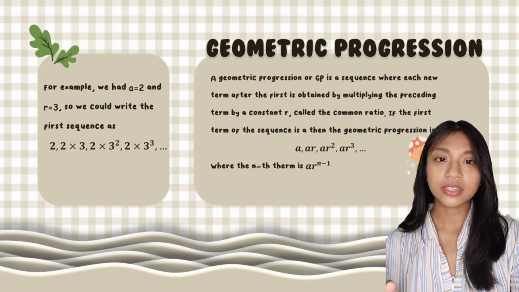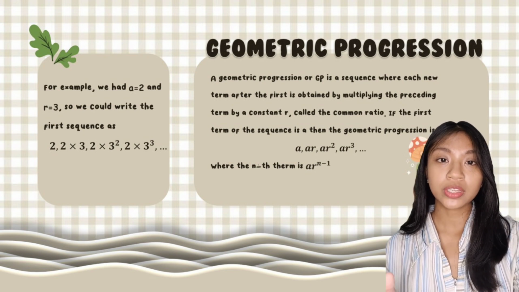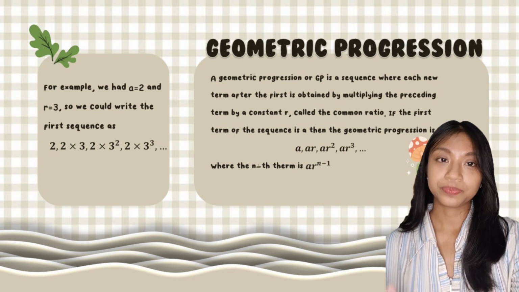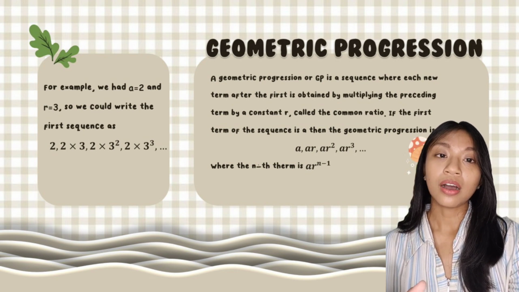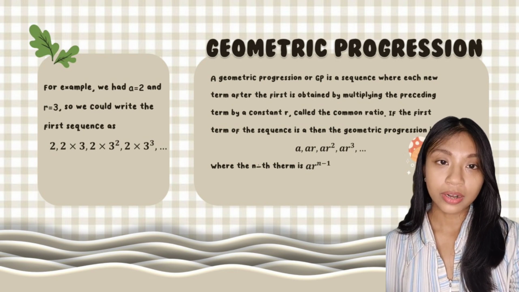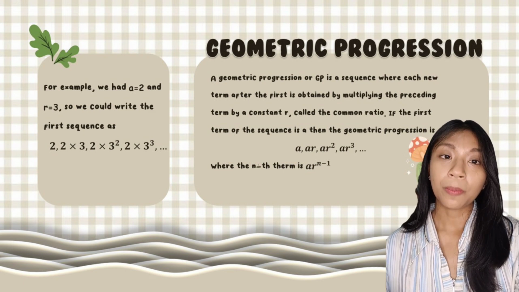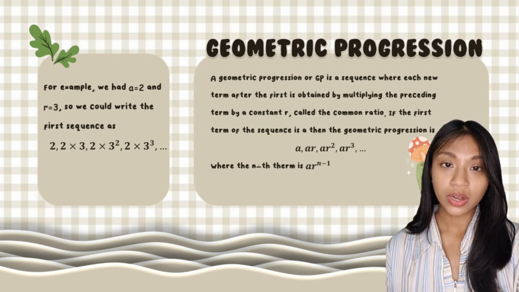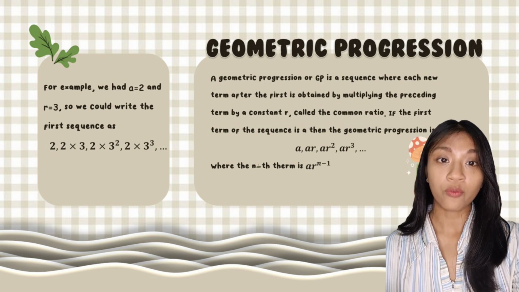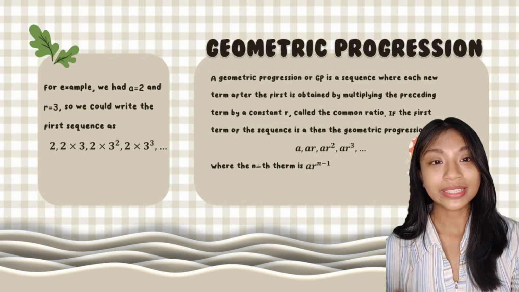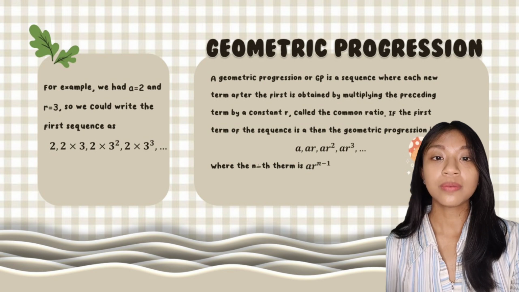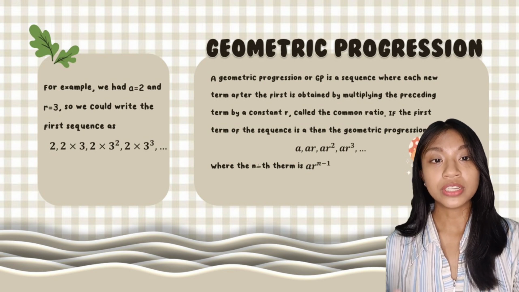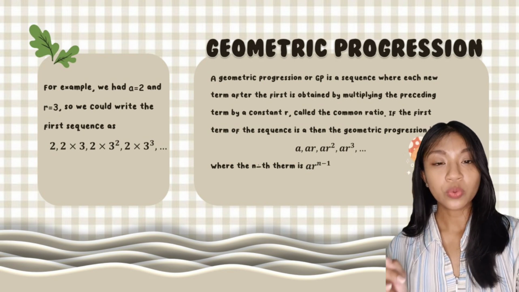So the nth term can be calculated quite easily. It is ar^(n - 1), where the power n - 1 is always 1 less than the position n of the term in the sequence.